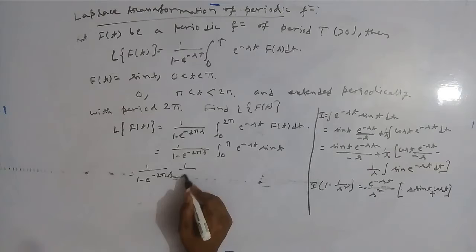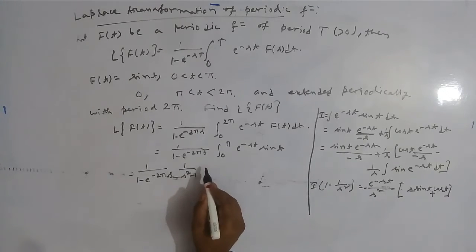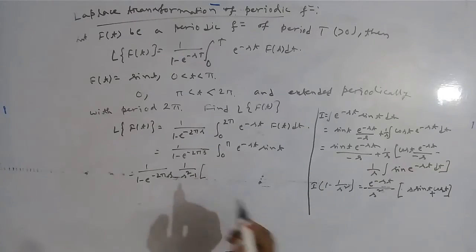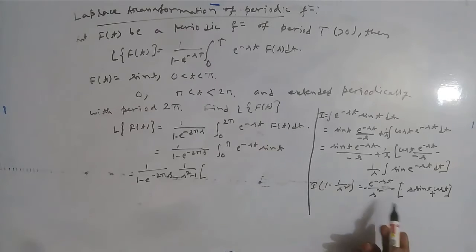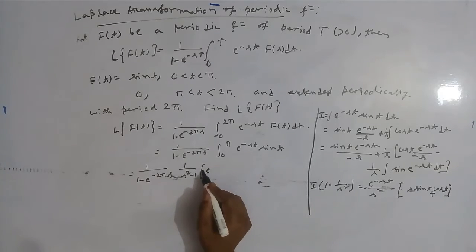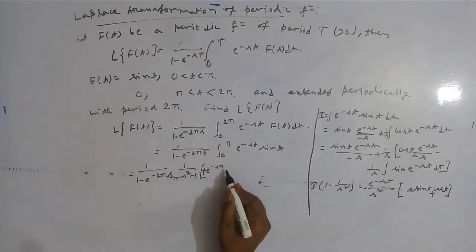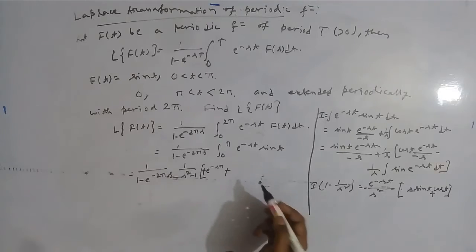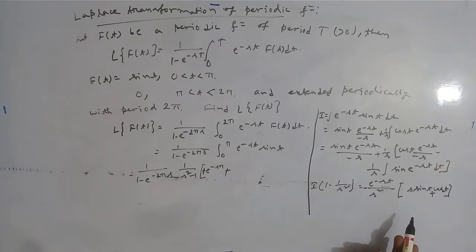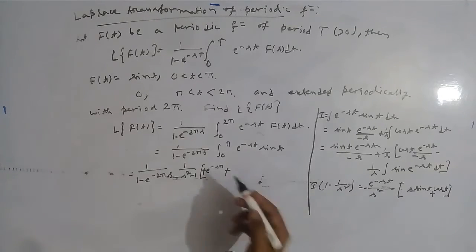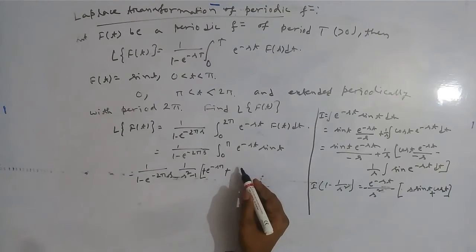So 1 by s square minus 1 into, if we put pi, then it will give e to the power minus s pi into cos pi, that is minus 1, so it will be plus. Plus if we put 0, then it will give us 1 by 1, only 1.